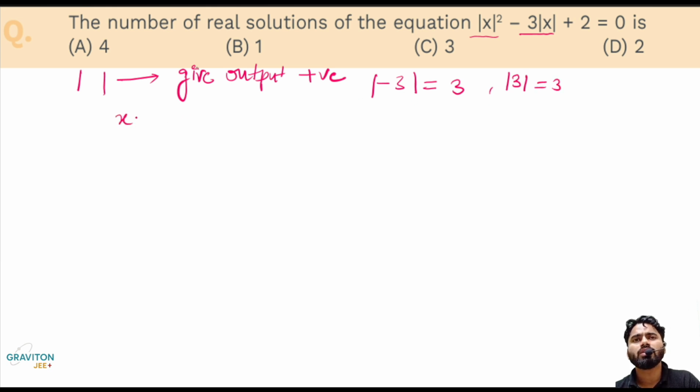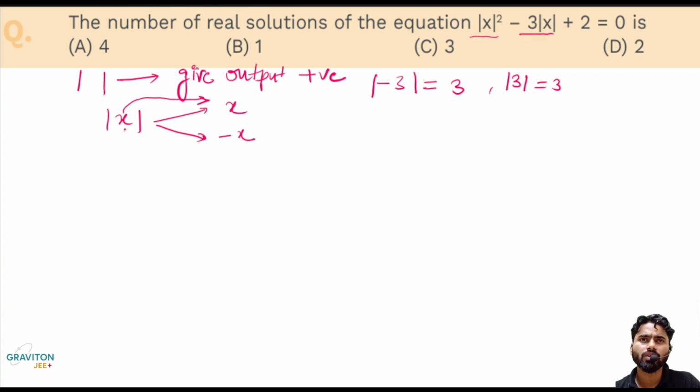Like if I give you x inside the modulus and ask what the answer will be: if x is positive, it will be as it is.